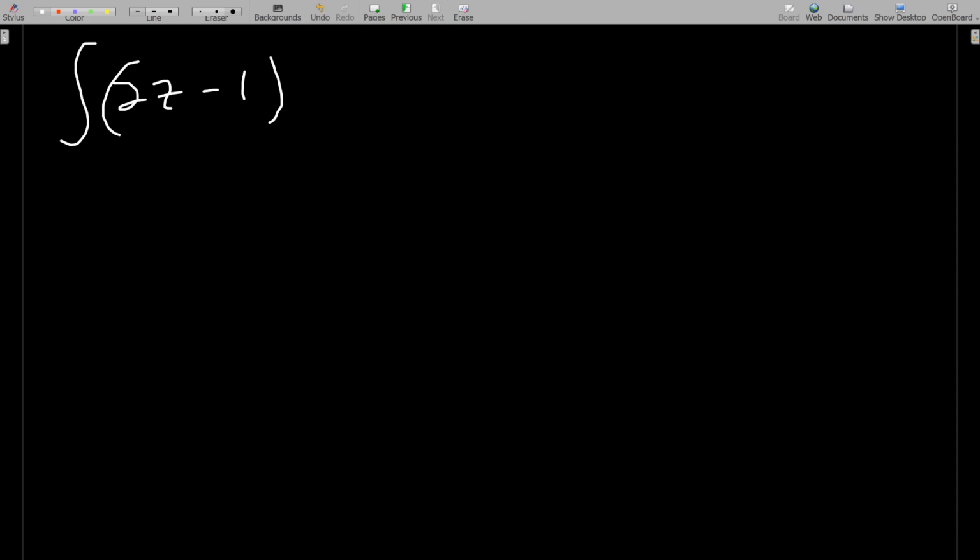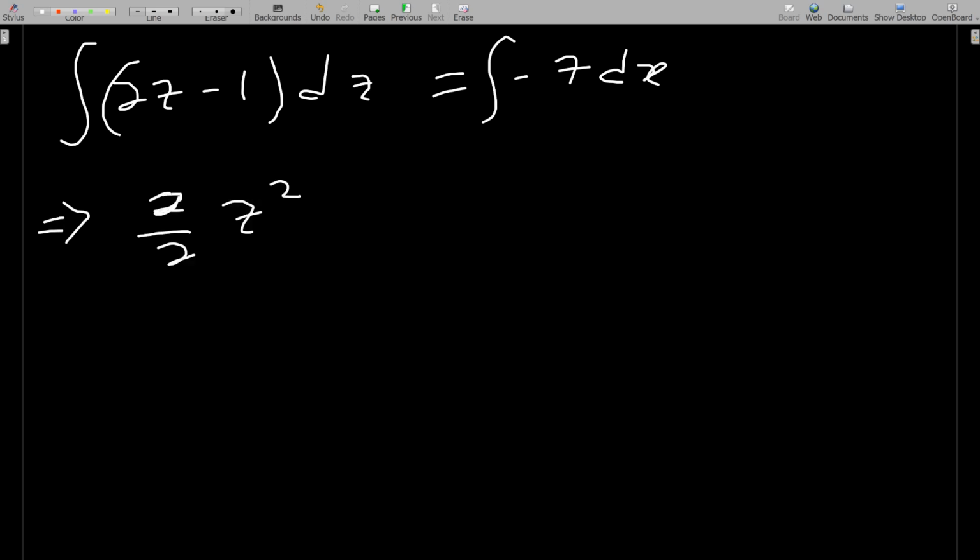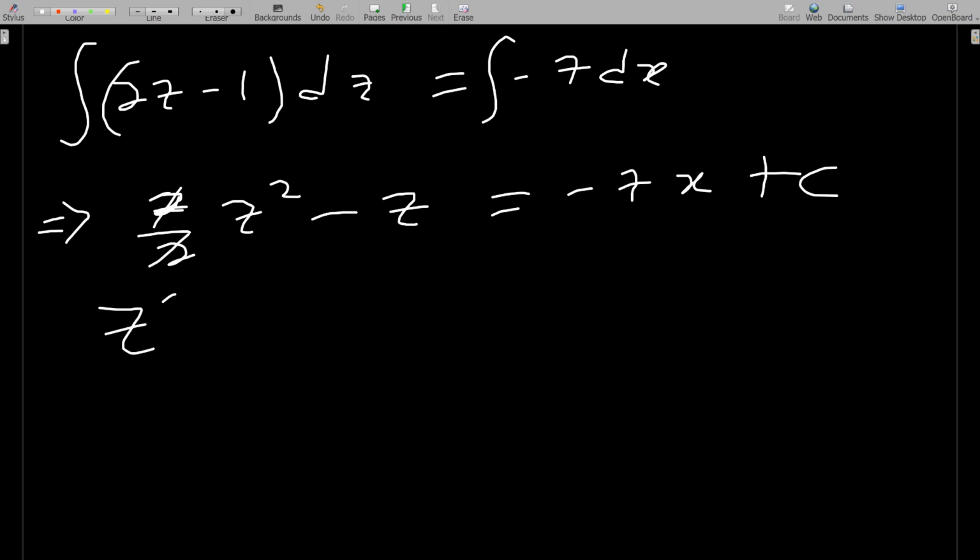Then the integral of that will imply that we have 2 over 2 z squared, I hope you know how to integrate, then minus z equals minus 7x plus a constant c. So I have z squared minus z equals minus 7x plus c.